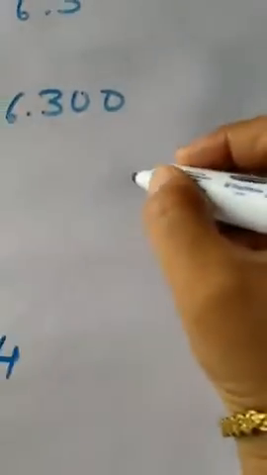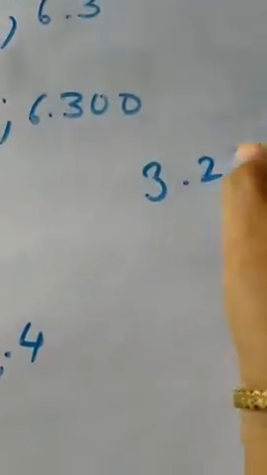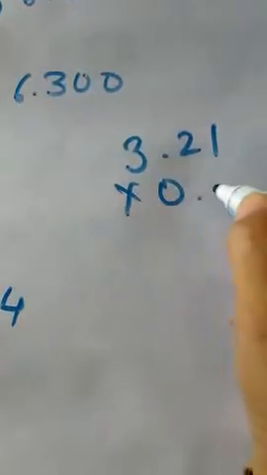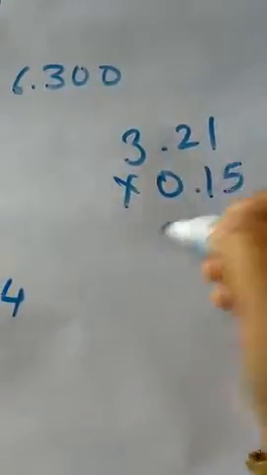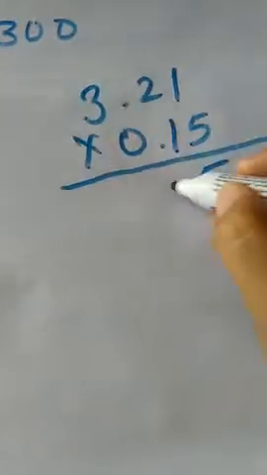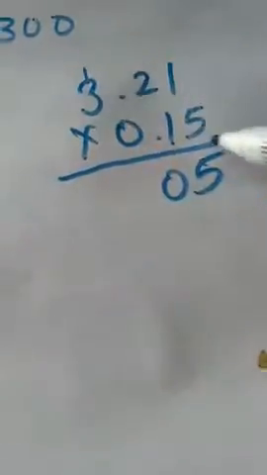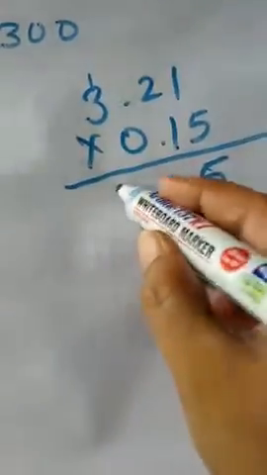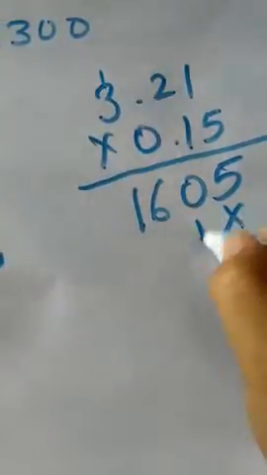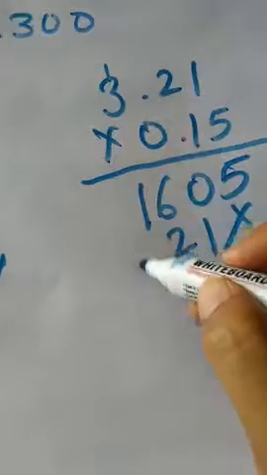Next is multiplication of decimals. Now 3.21 multiplied by 0.15, if I want to multiply them. Arrange them like this. Now start from the right-hand side. 5 1s are 5, 2 5s are 10, 1 carry, 5 3s are 15 plus 1 is 16. Next, 1 1 is 1, 1 2 is 2, 1 3 is 3.